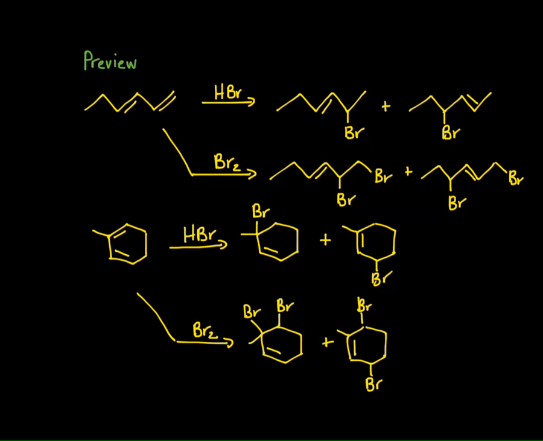Now, if you take a look at this 1,3-cyclohexadiene and you think about adding one more double bond, right? So now I have, in effect, 1,3,5-cyclohexatriene. When I react this with HBr, all of a sudden, I get no reaction.